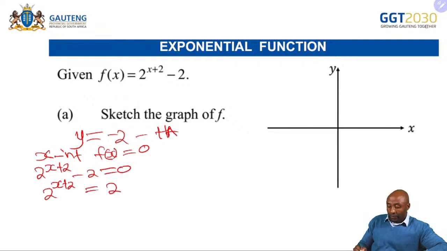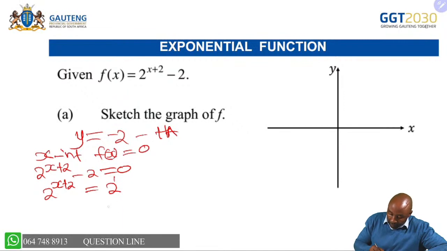So our knowledge of solving exponential equations is being used here. And here we know that we have a silent exponent of 1. Bases are the same. We equate the exponents. We'll get x plus 2 is equal to 1. We get our x as -1. And therefore our x-intercept would be -1 and 0.